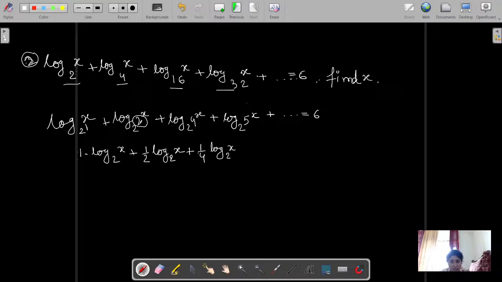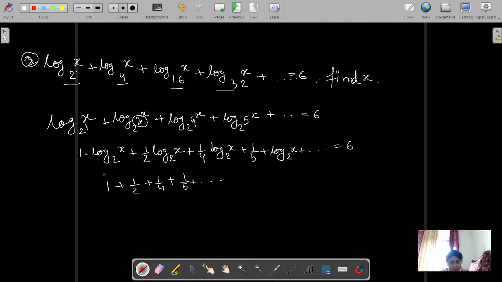Log 2 base x plus 1 by 5 log 2 base x plus dot dot dot equals to 6. So here what I can see, 1 plus 1 by 2 plus 1 by 4 plus 1 by 5, like that it is going on.